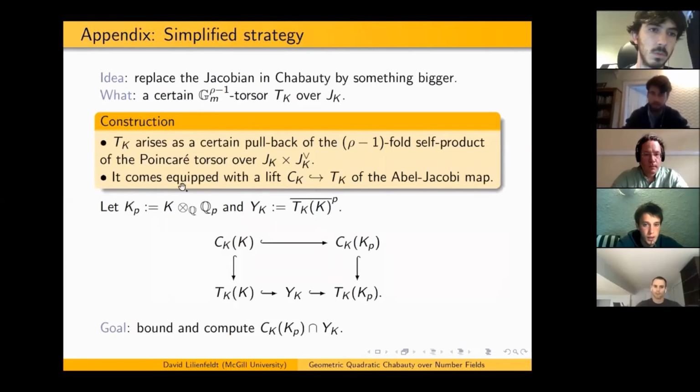And by construction, it comes equipped with a certain lift of the Abel-Jacobi map. So we can consider a Chabauty-like diagram, if you remember the one from the Chabauty-Coleman method, where these vertical maps are the lifts of the Abel-Jacobi maps. And once again, we embed our rational points into the p-adic points and consider the p-adic closure now of the rational points of this torsor. And the aim is now to bound and compute this intersection.